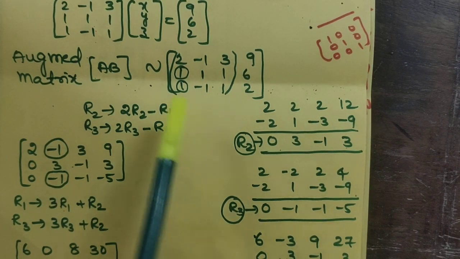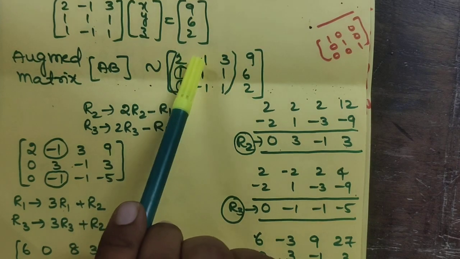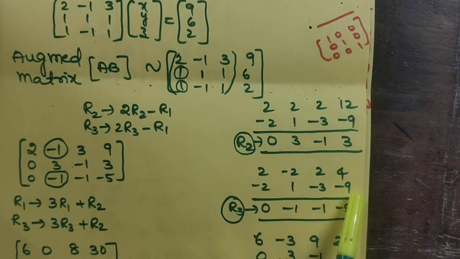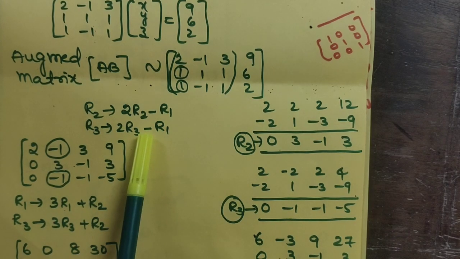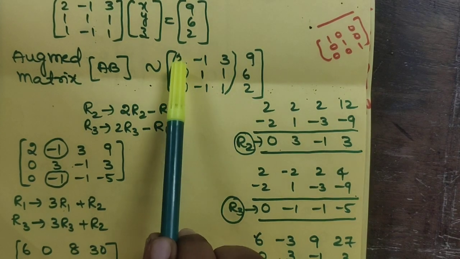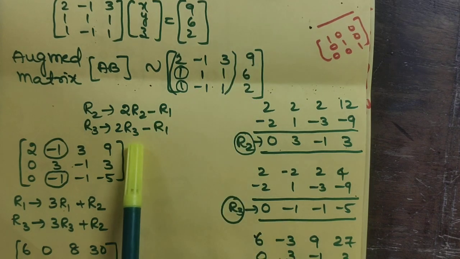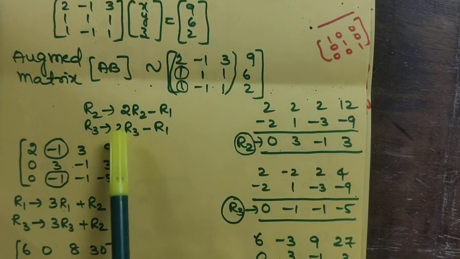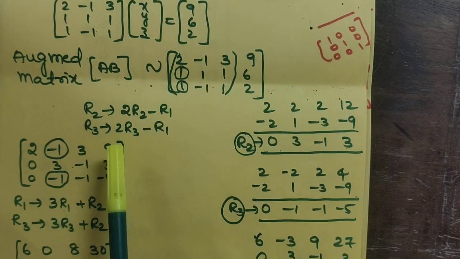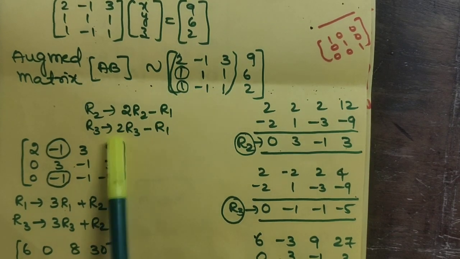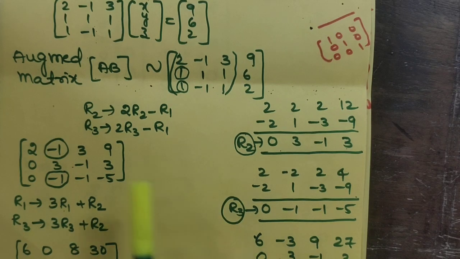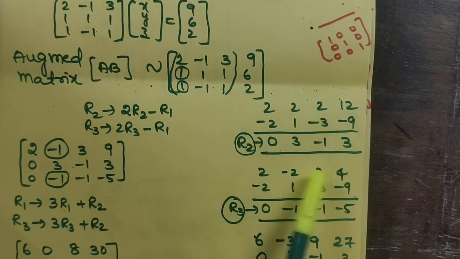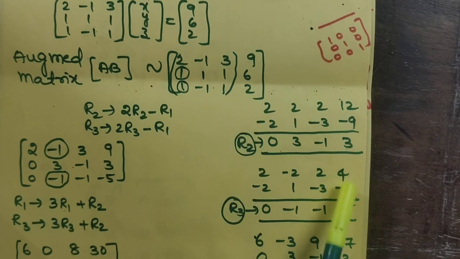What are the elements we have in R1? 2, minus 1, 3 and 9. Write the first elements of R1, and it is multiplying with minus. Each and every element of R1 is multiplying with minus. Minus into plus is minus 2. Ones are 2, and next plus into minus is minus. 2 ones are 2. Next plus into plus is plus, 2 ones are 2, and 2 twos are 4.